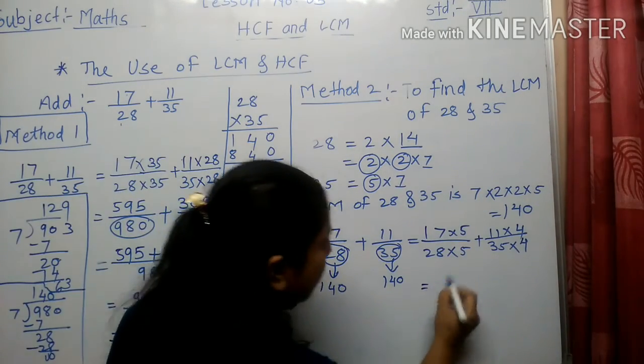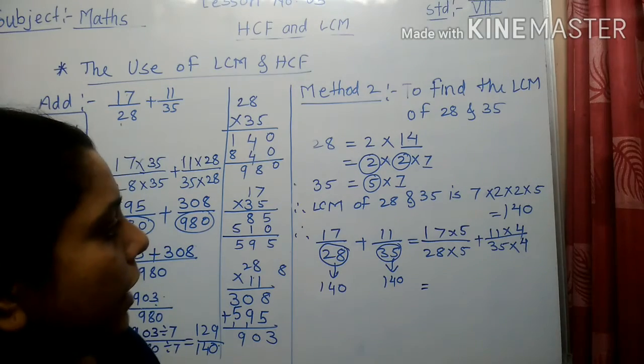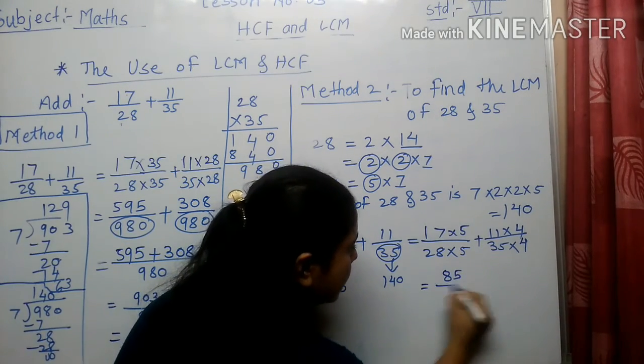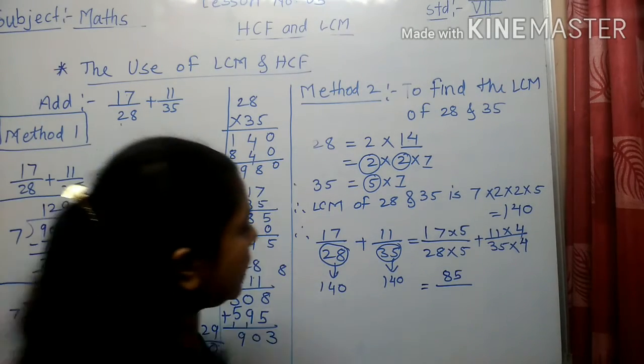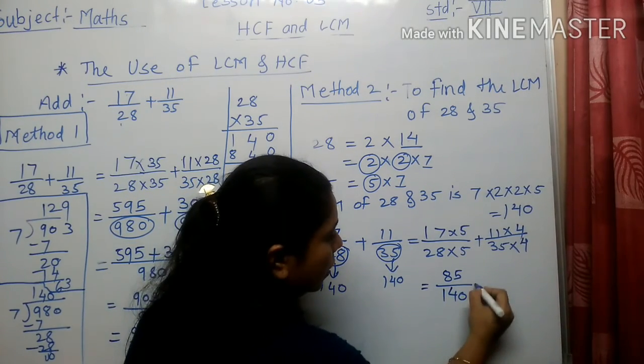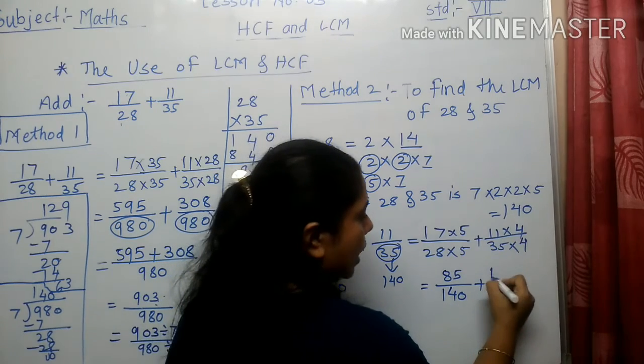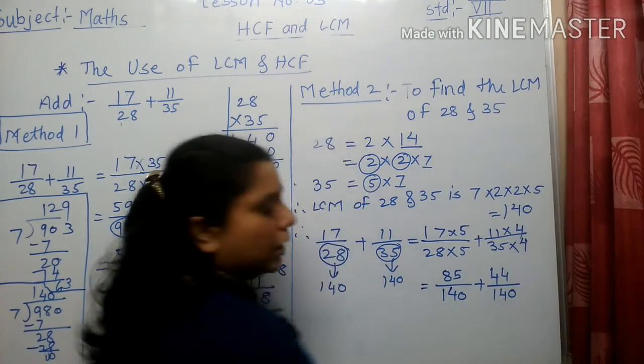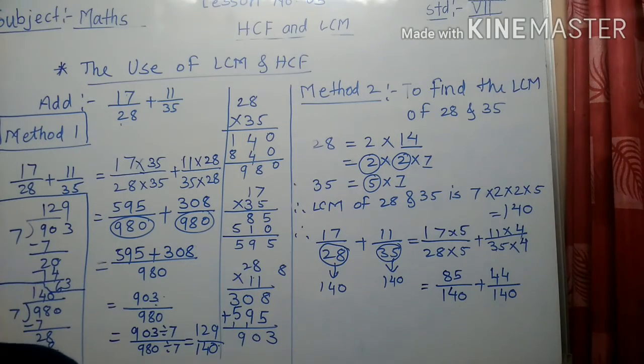Now tell me the next step. 17 5s are 85. Next, 28 5s are 140, plus 11 4s are 44, and 35 4s are 140. You are getting my point?